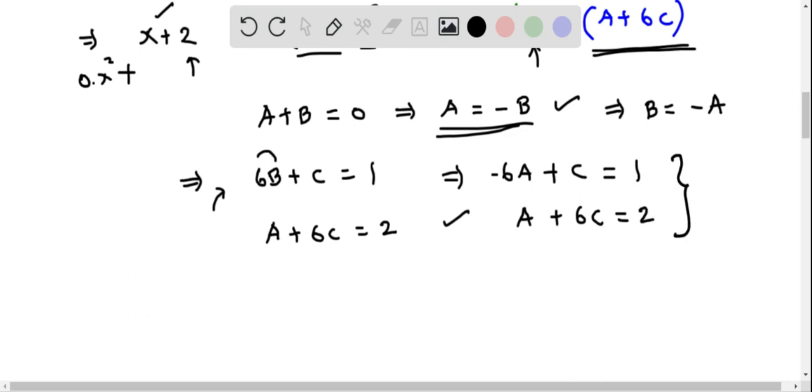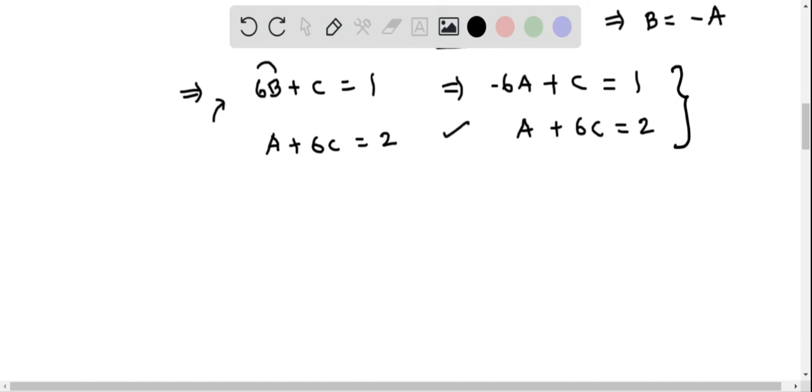So let's focus on these two equations. These two equations have only the variables a and c. You can solve it by substitution or elimination method. Let's use the elimination method. I'm going to write the first equation as it is, that is negative 6a plus c equals 1. Now let me multiply the second equation by 6 and add. So 6 times a is 6a plus 6 times 6c is 36c, and this equals 6 times 2 is 12.